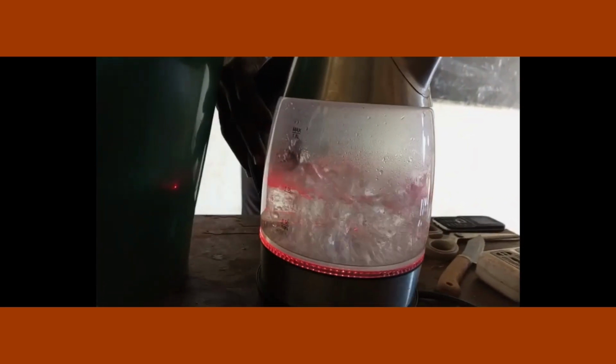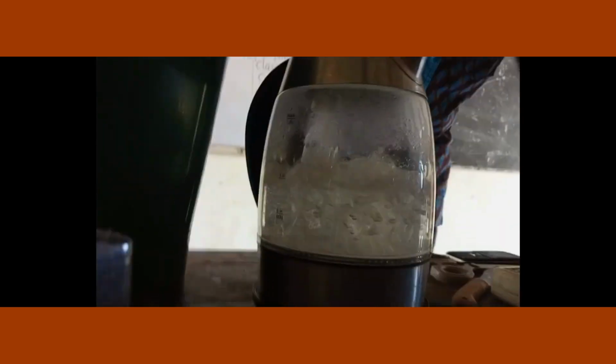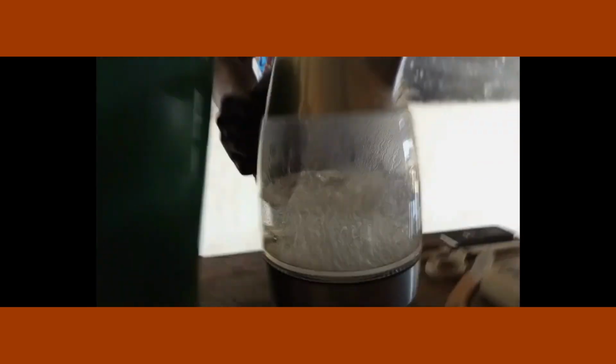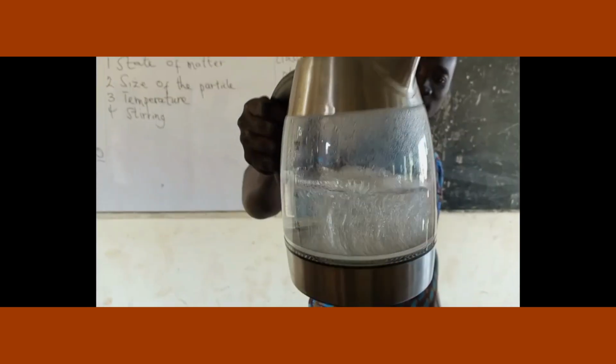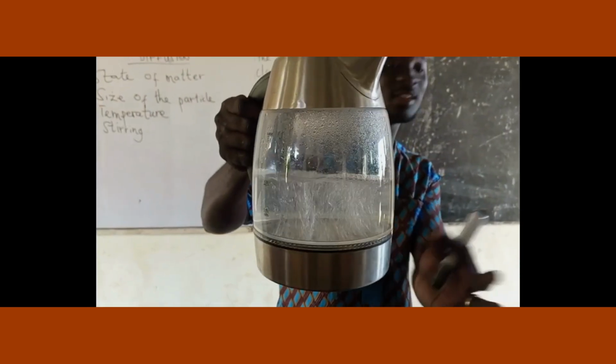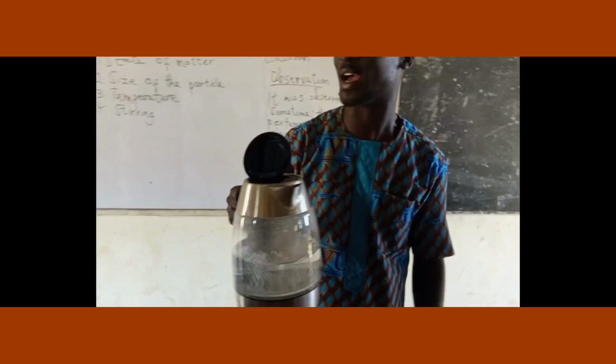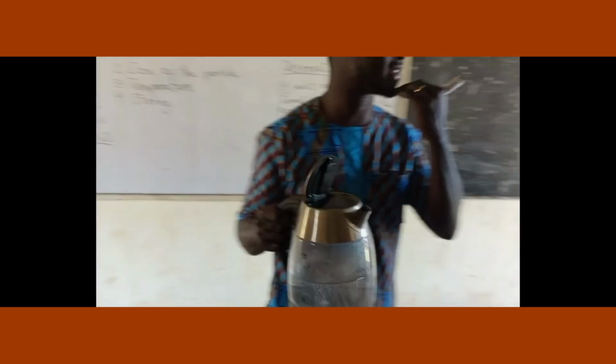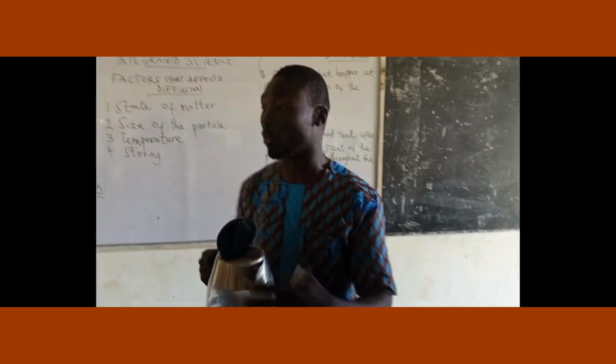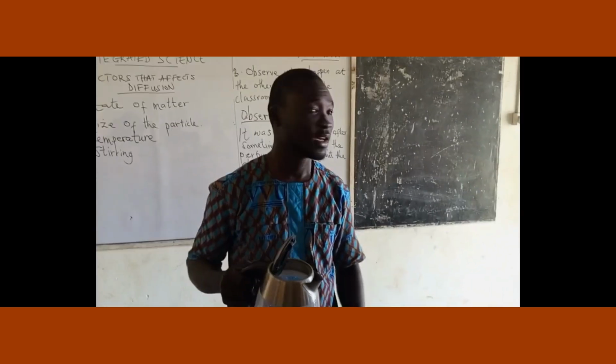You see, it's dissolving. You see, it's dissolving. What's that? It is liquid. That's it. So temperature can also affect the rate of what? Diffusion.